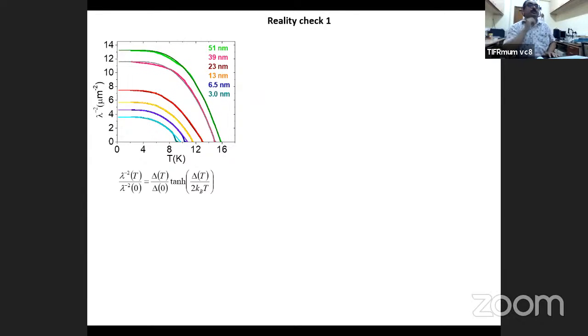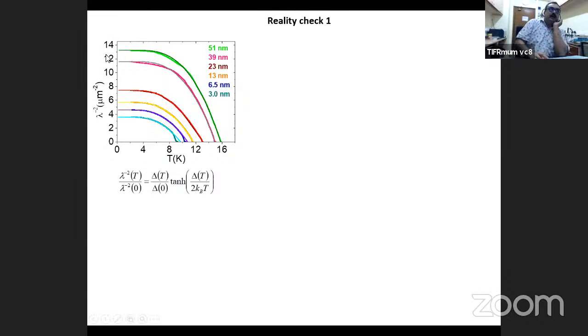So this is what you see. I have taken a particular superconductor here, which is niobium nitride, but the material is not so important. You will see that anywhere. So niobium nitride has a coherence length of about, let's say, 5-6 nanometer.